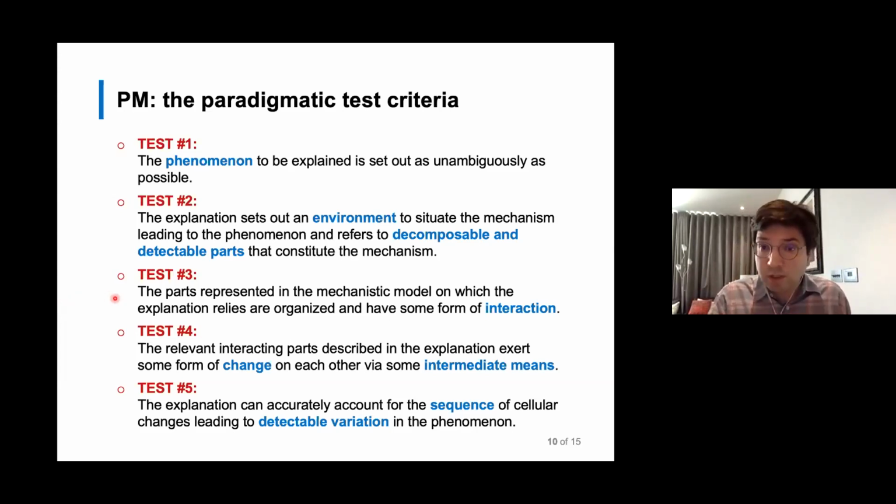Test 3 looks for whether all the parts in the explanation can interact with each other, or whether they're missing interaction pieces.